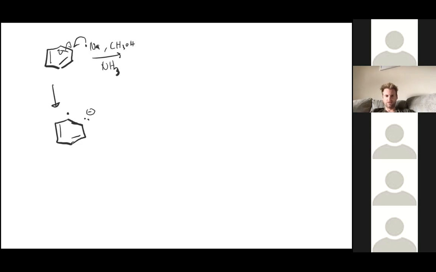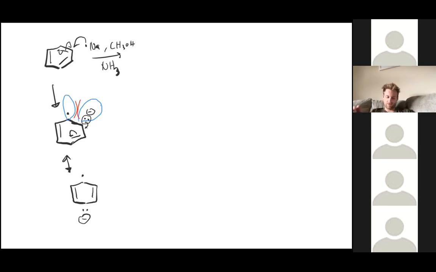This is really going to be a less favorable resonance structure because we have these two electron sets that are next to each other. They're going to really try to repel each other. So what's going to happen is that they're just going to move to opposite ends of their structure. So these ones are going to move down to generate this here.